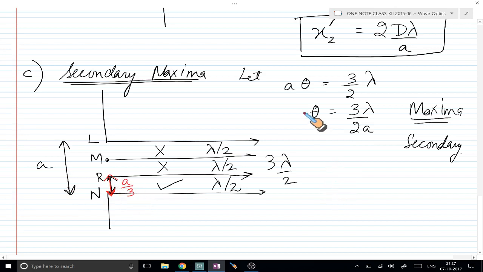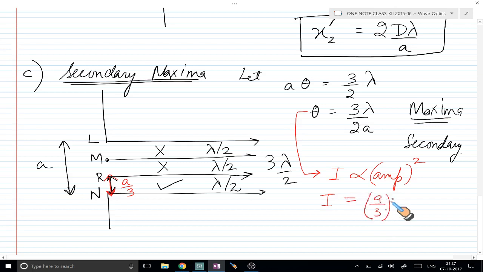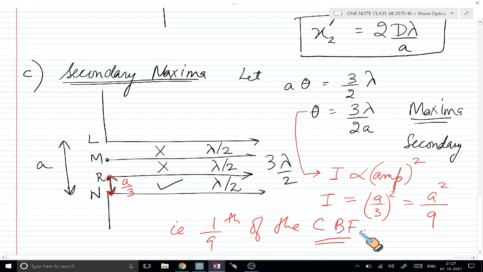So the intensity over here, intensity is proportional to amplitude ka square. So intensity is proportional to a by 3 ka whole square, that is a square by 9. That is 1/9 of the central bright fringe. Therefore this maxima is called secondary.